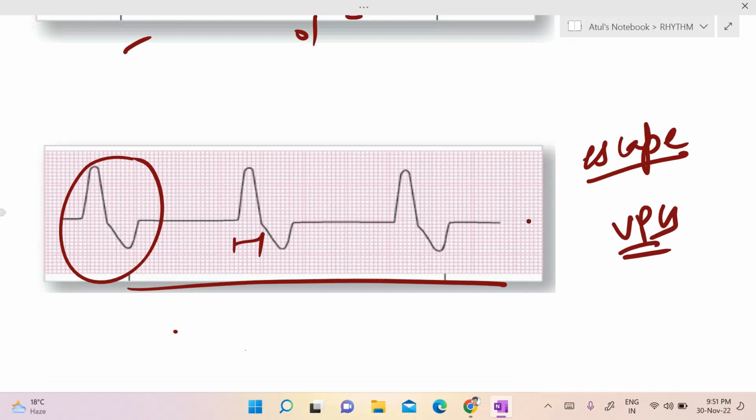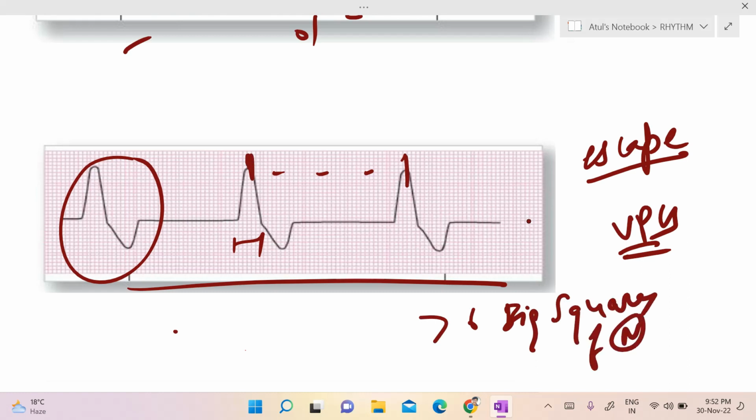This is bradycardia. One big box, two big boxes, three big boxes, and more than six big squares of our normal ECG paper. So it will come around 40 or 38 beats per minute.